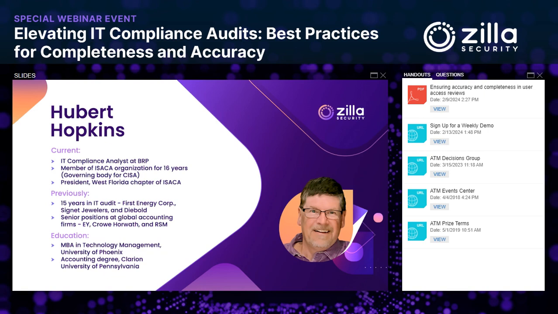Along with that, I held senior positions in some of the global accounting firms such as E&Y, Crowe Horwath, and RSM. And prior to my IT audit experience, I have over 10 years of IT consulting and network administration experience. So I understand both sides of the fence. That's helped me out in my career.